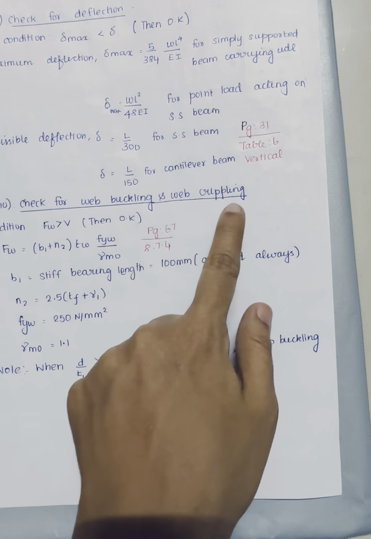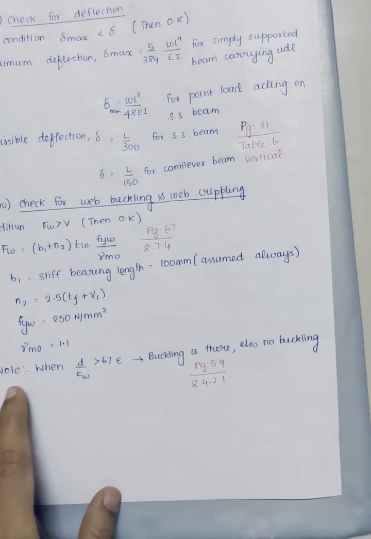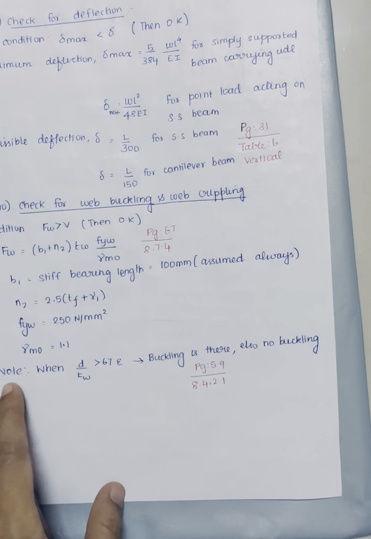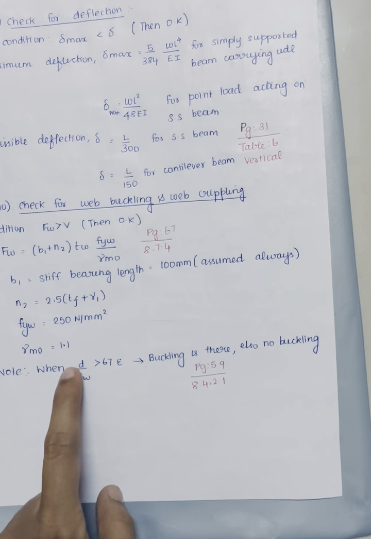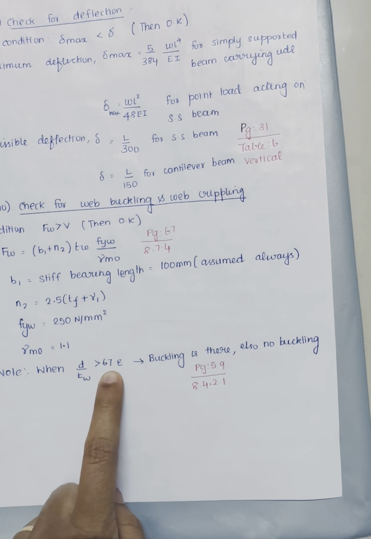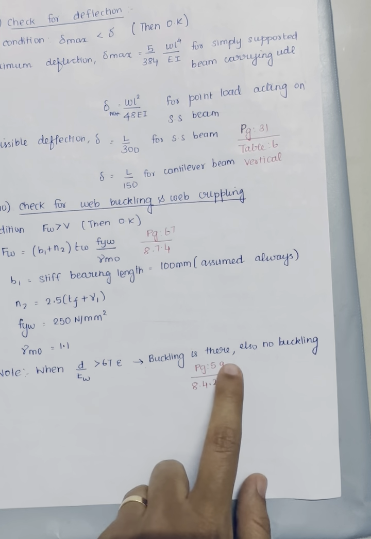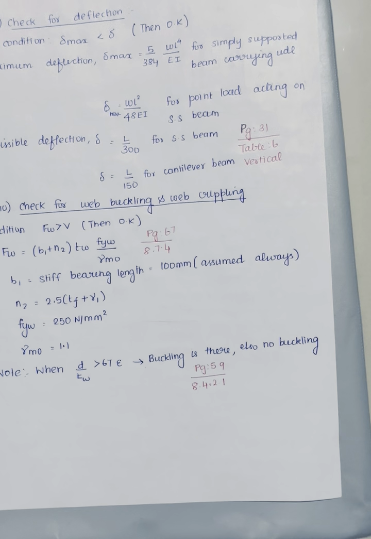for web buckling and crippling. Now one small note: a small check that has to be done for web buckling is, if d by tw is greater than 67 epsilon, the buckling is there, else there is no buckling. This is a small understanding that we have gained from page number 59.